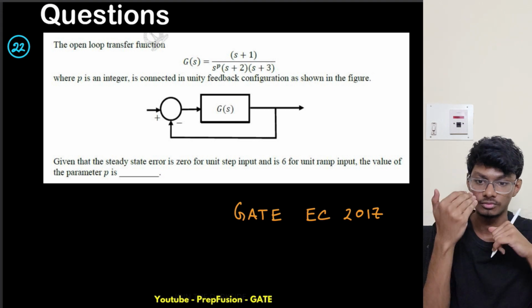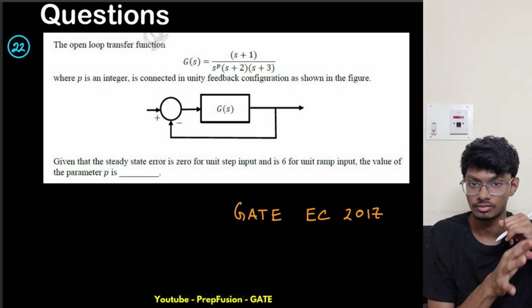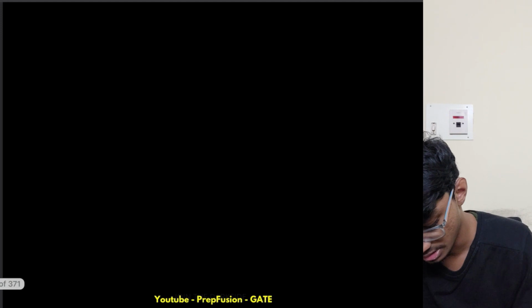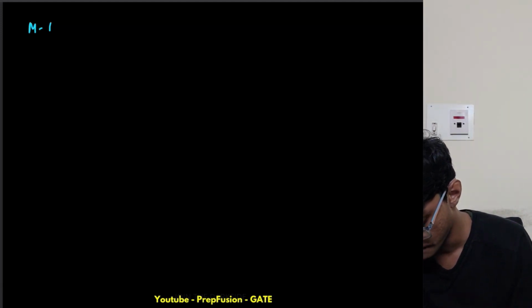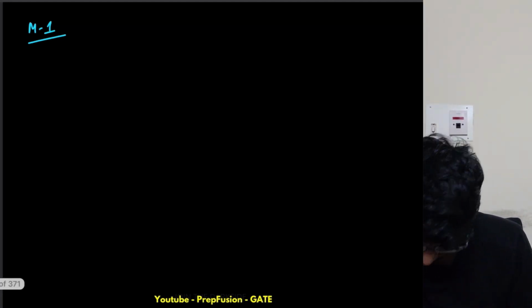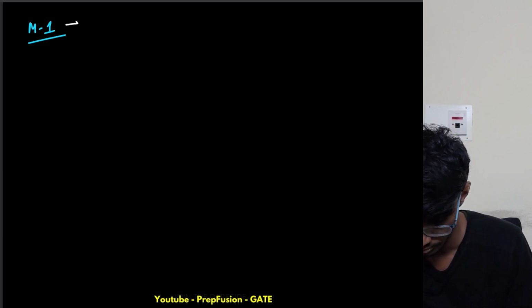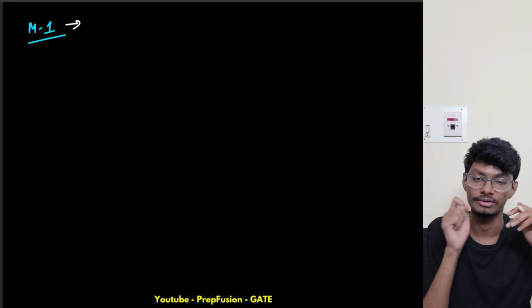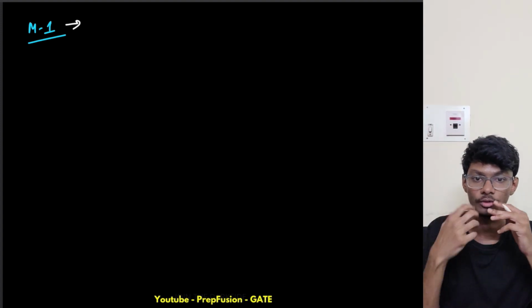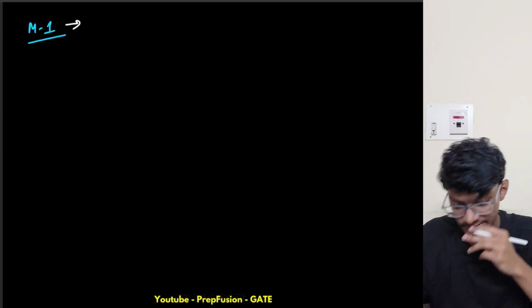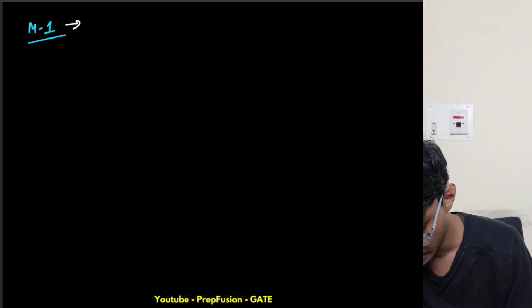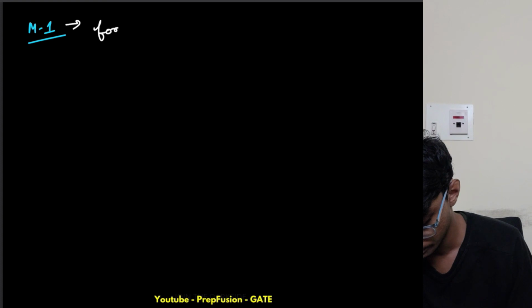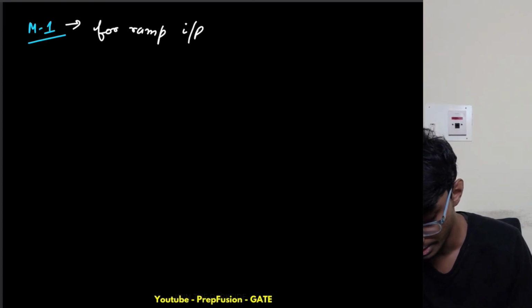Still, if you want to prove it, if you want to do calculations, we can do. Method 1 is basically we already have the information. There is one more shortcut that I will tell in the summary. In the summary also I will write down the key points which we need to remember. So method 1 is, we know that for ramp input I'm getting finite error.